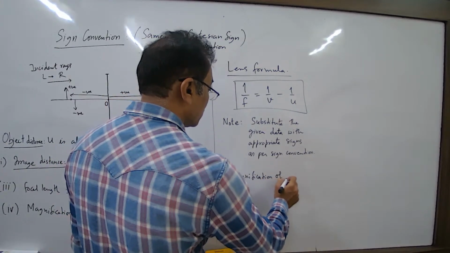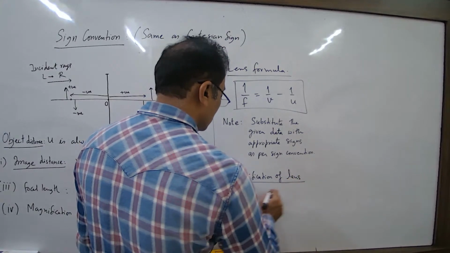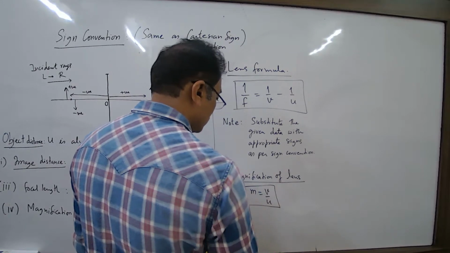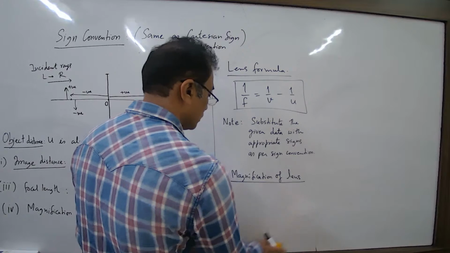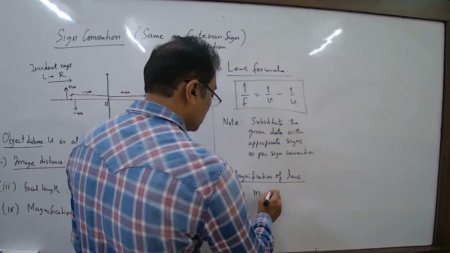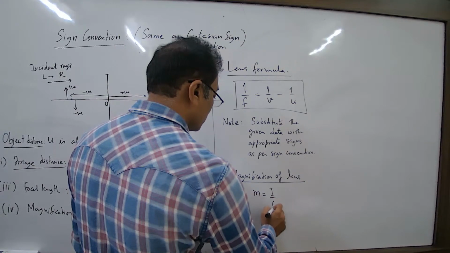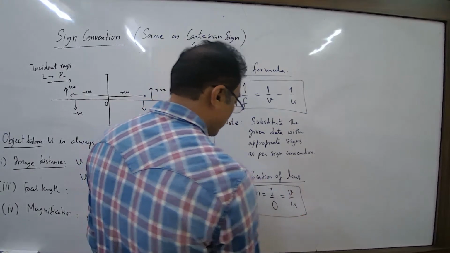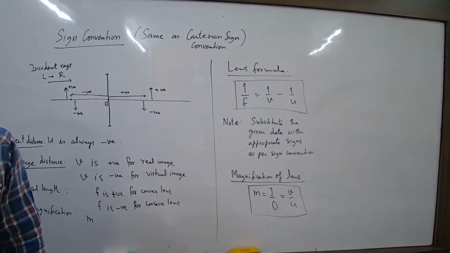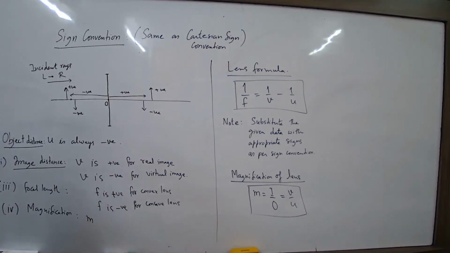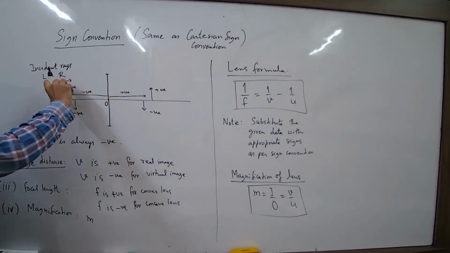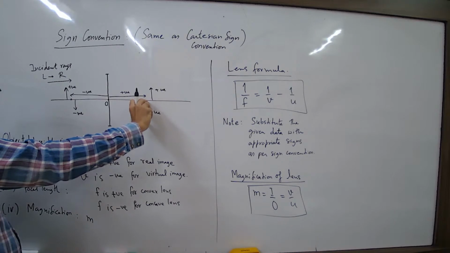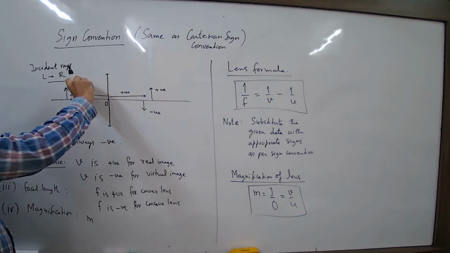Magnification of a lens, m, is given by v by u, which is image size upon object size, equal to v upon u. The object size is vertical, so it is always positive. The image size will be negative for a real image and positive, upright, for a virtual image.